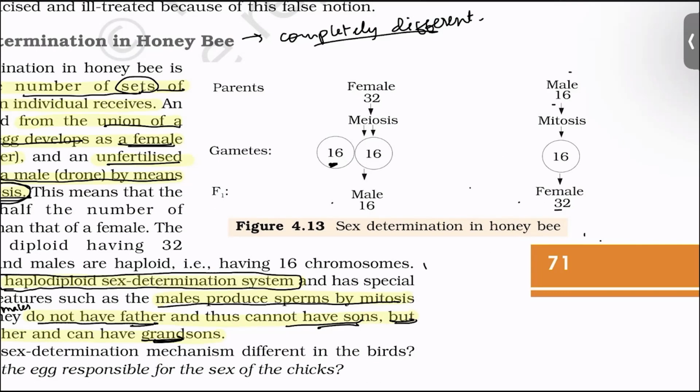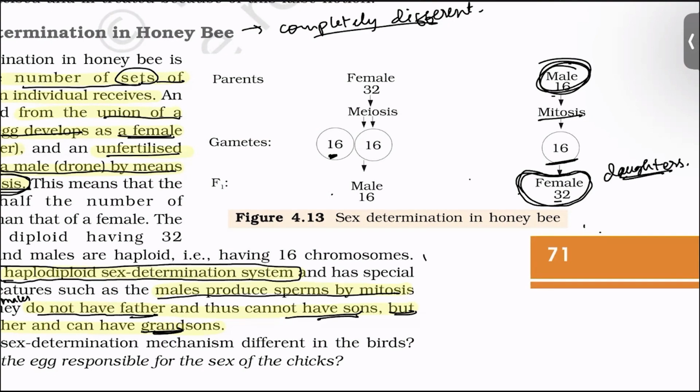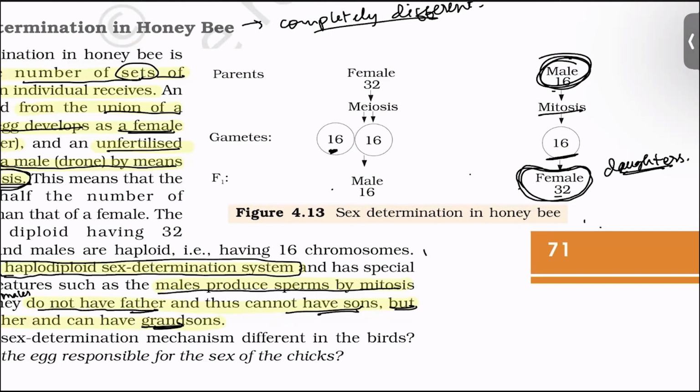Here, this is a male. It undergoes mitosis, forms gamete, and if the gamete fertilizes an egg, it produces a female. So males can have daughters, because the male will fertilize the female egg and if it is fertilized, it will form a female, but they cannot have sons.